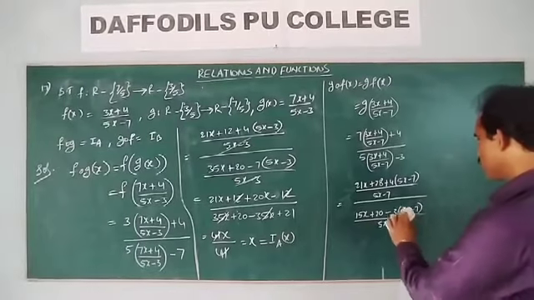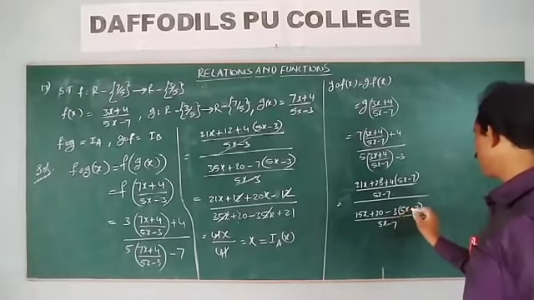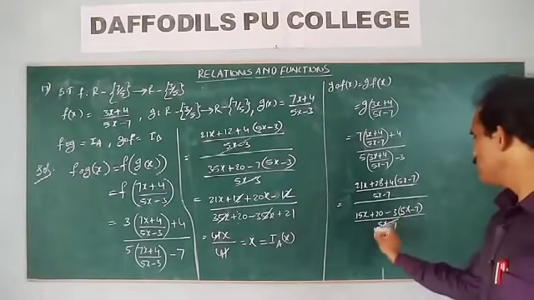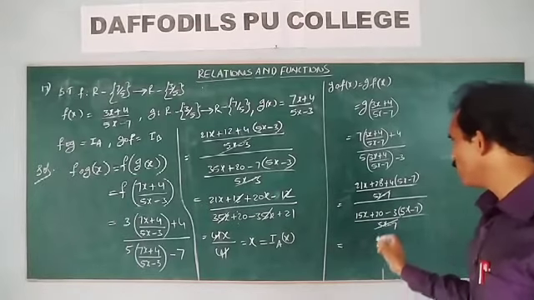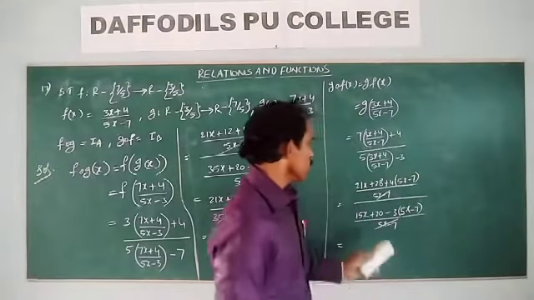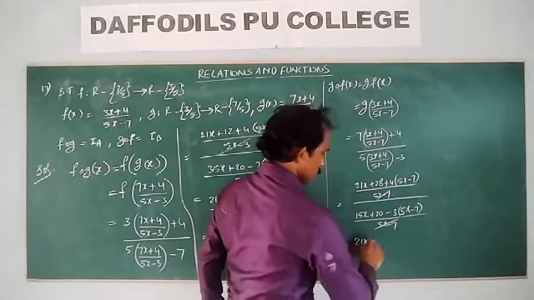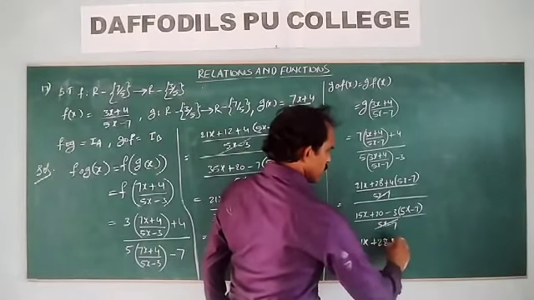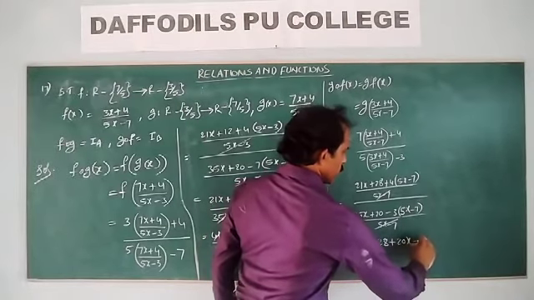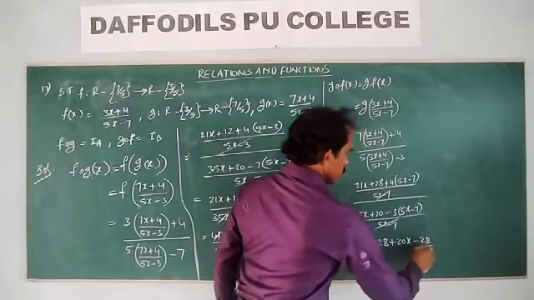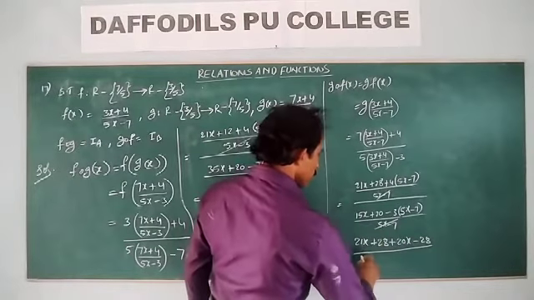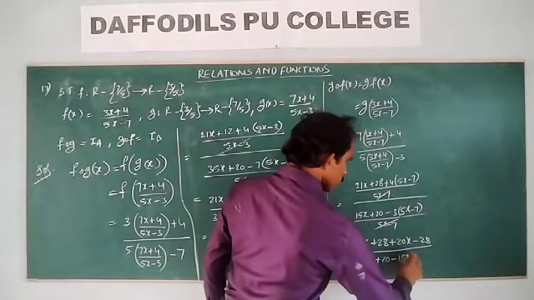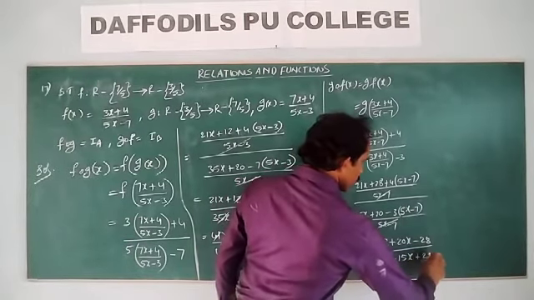Okay, visible? Right, this one should cancel. So finally this value is equal to 21x plus 28 plus 20x minus 28, over 15x plus 20 minus 15x plus 21.